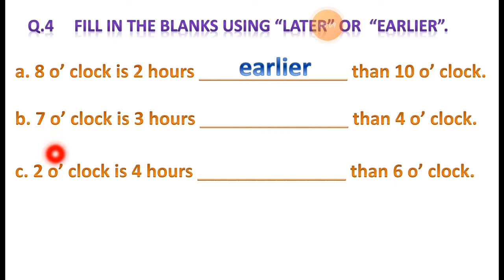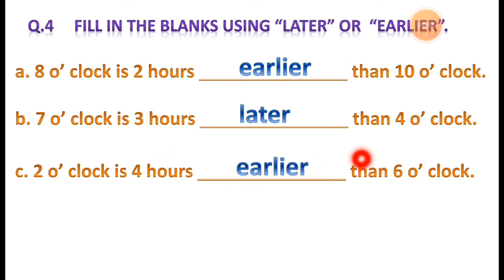Then question B. 7 o'clock is 3 hours later than 4 o'clock. Then question C. 2 o'clock is 4 hours earlier than 6 o'clock.